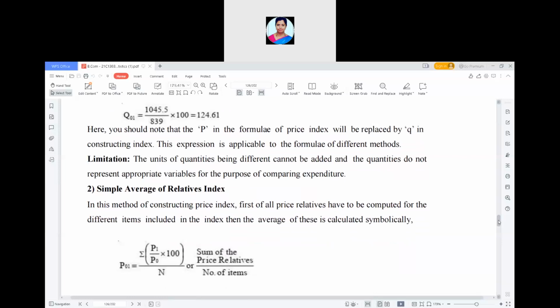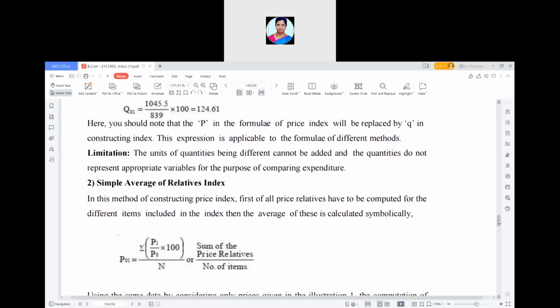Here is the formula. P01 is given by the summation of P1 by P0 into 100 divided by N, where N is the number of items. So it is the sum of the price relatives divided by the number of items.